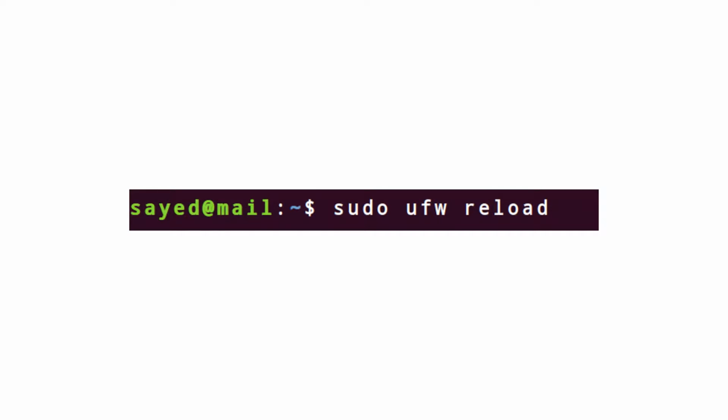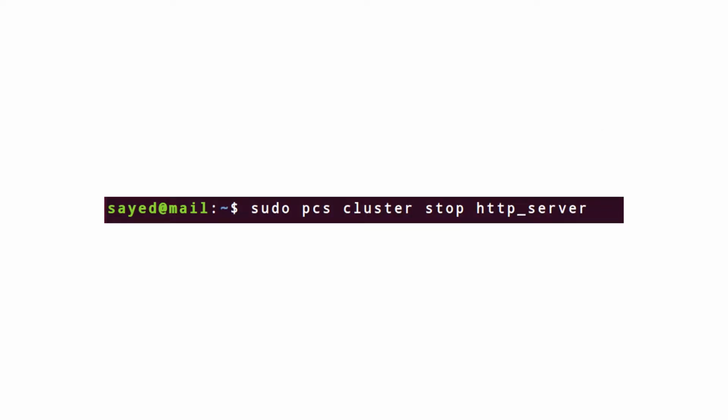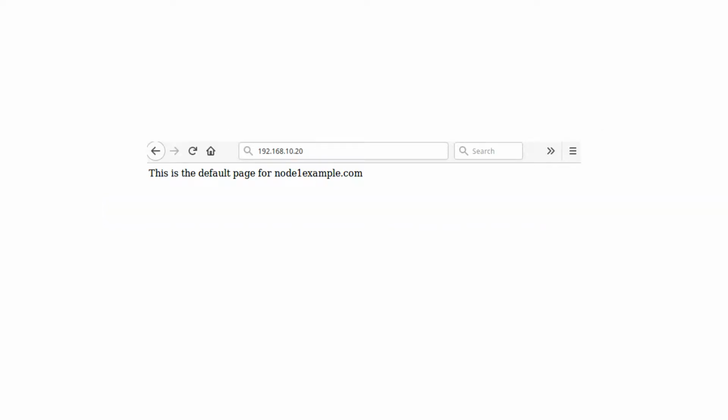And now we are going to test if the high availability clustering is working or not. We can see that it's working on this node 1, and after stopping it, it's going to work on the other node.